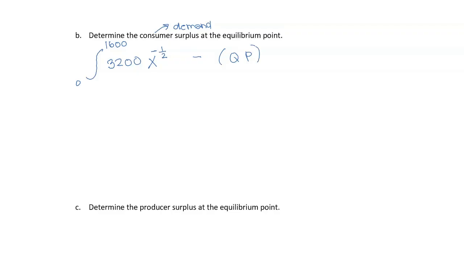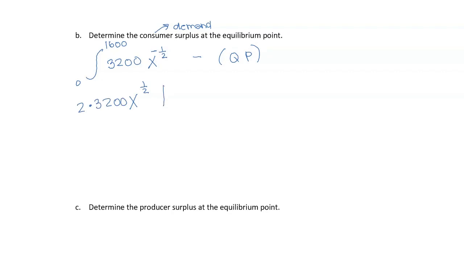All right, so let's find the antiderivative of 3,200x to the negative 1/2. This is going to be x to the positive 1/2, and then I need to account for the 1/2 being brought out here, so that's going to be 2, and the 3,200 was already there.